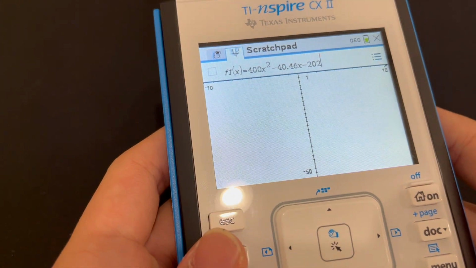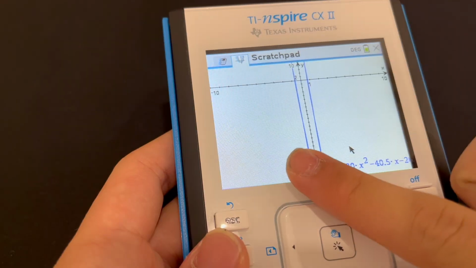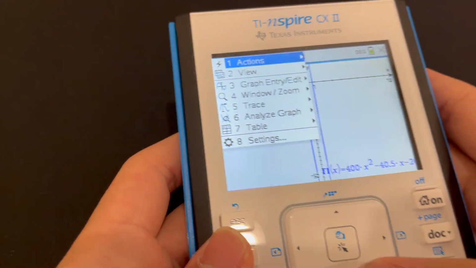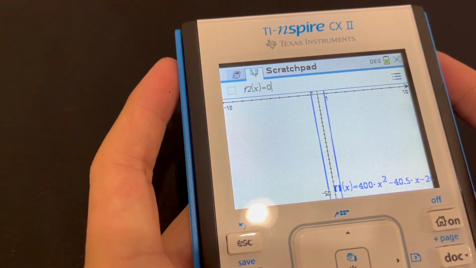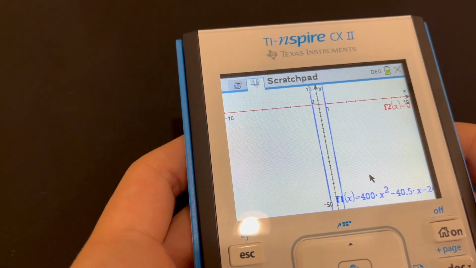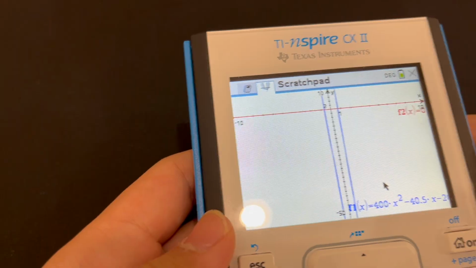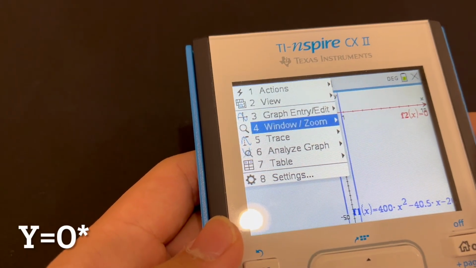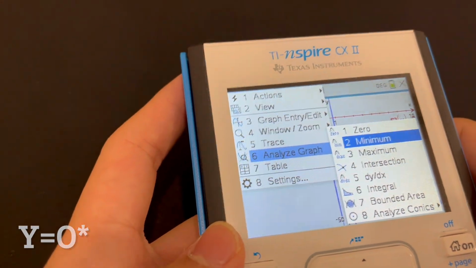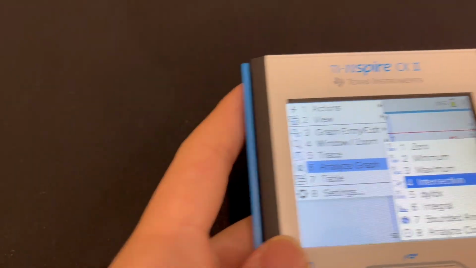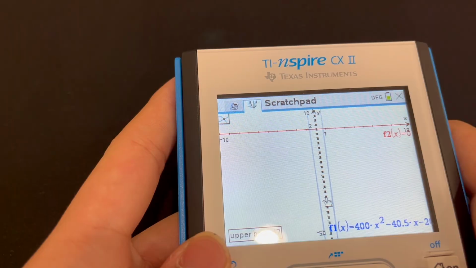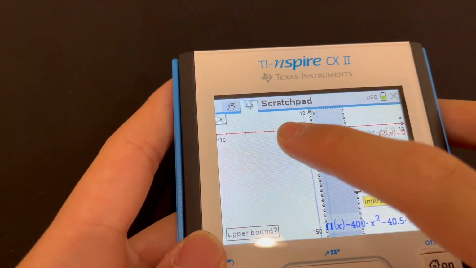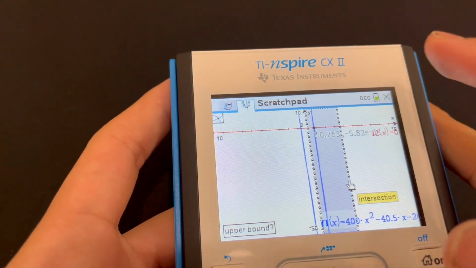We're given this parabola here. All you have to do now is add a function at y equals 0, because we're trying to find the x-intercept, and then hit analyze graph, find the intersection. We have to find the positive intersection, and that is right there, 0.763, and that's our answer.